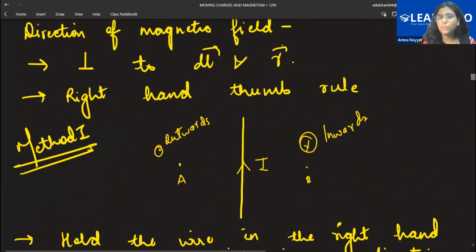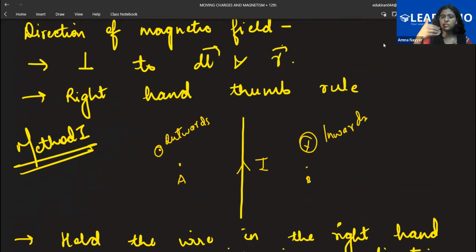Now, the right hand thumb rule, which we were discussing in the last class. In this example, current is upwards. If I curl my finger at point A, it is coming outwards, away from the screen, towards me.